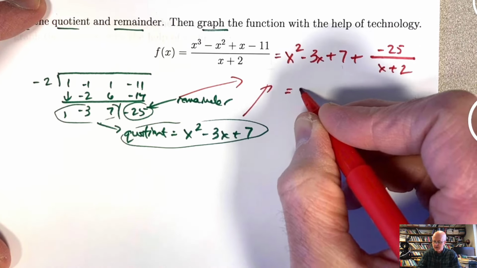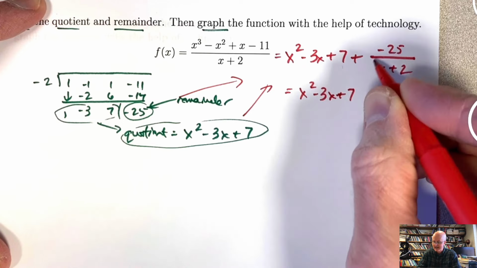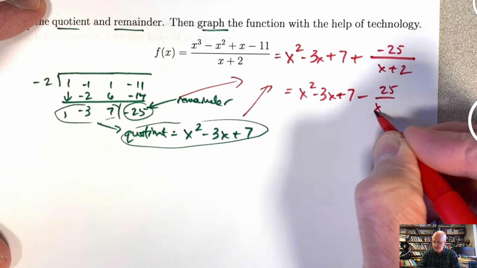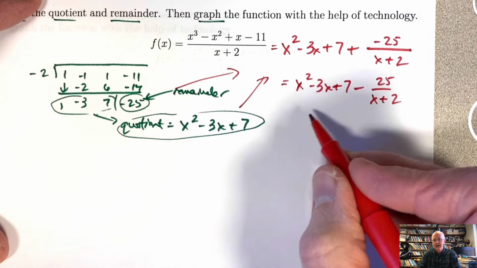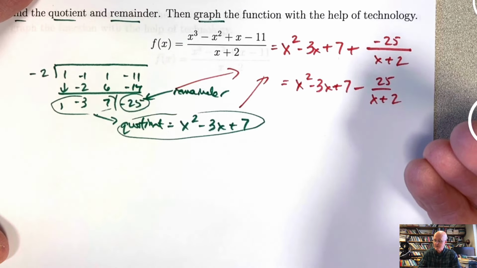Of course, we could also write this as x squared minus 3x plus 7 and bring the minus sign out front, minus 25 over x plus 2. What is this going to tell us? This is going to tell us, or help us even, graph it without technology if we wanted to.